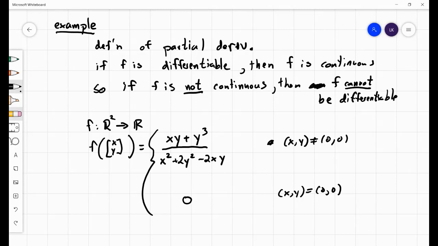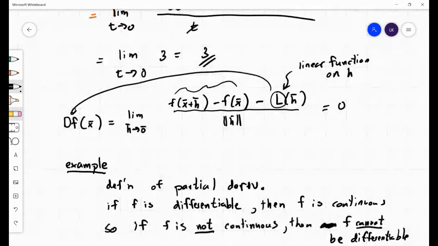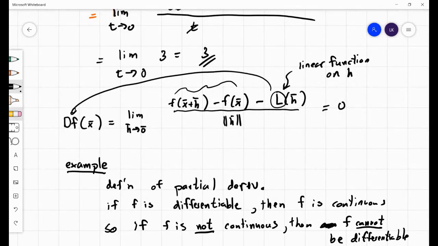L just represents some linear transformation, to answer your question. It's just some linear function on h. I'll show you examples of what that is, but it's going to turn out to be the derivative that you're looking for. Sorry, so this is wrong. The derivative exists if this limit exists. It just turns out that this L will be the derivative of the function at a point, and its job will be to operate on h.